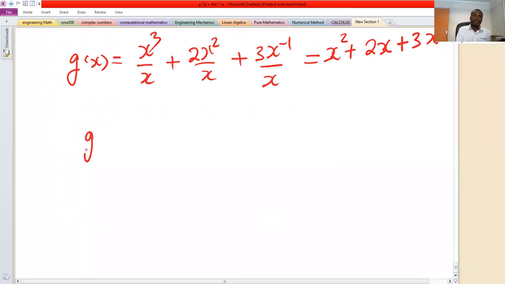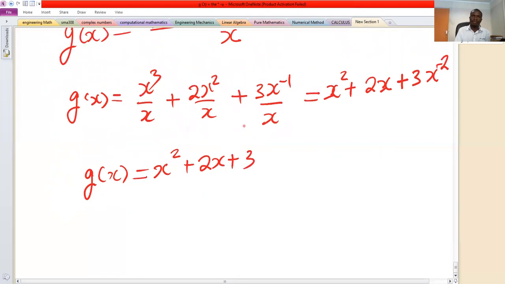So I have the g function as x squared plus 2x plus 3 minus x raised to the power minus 1.